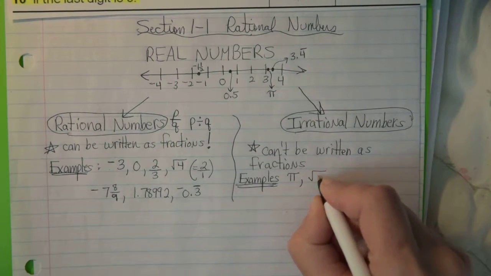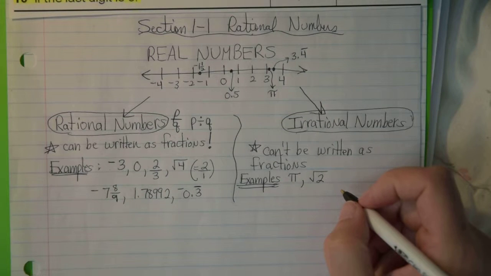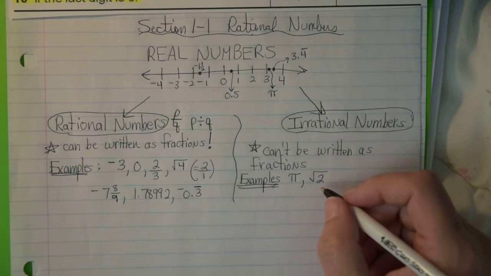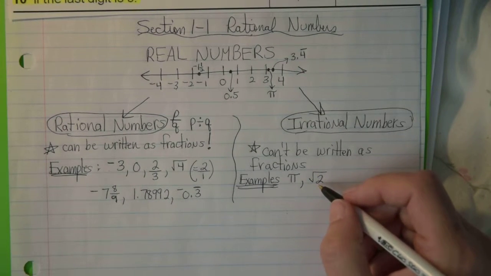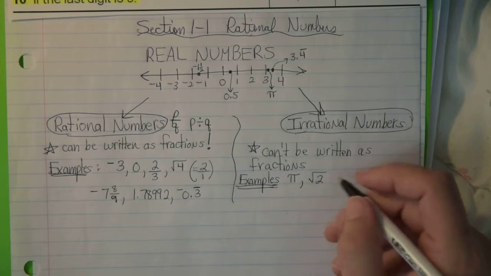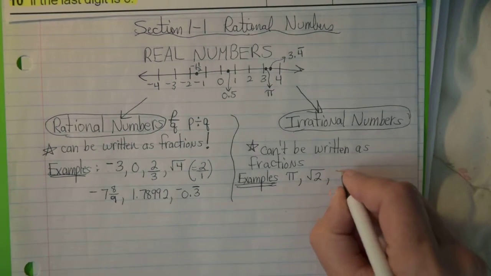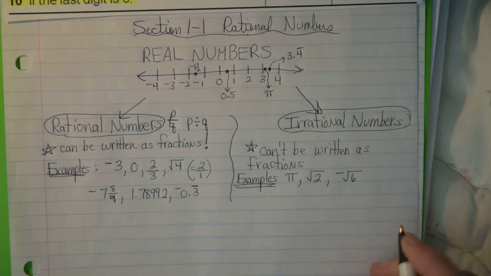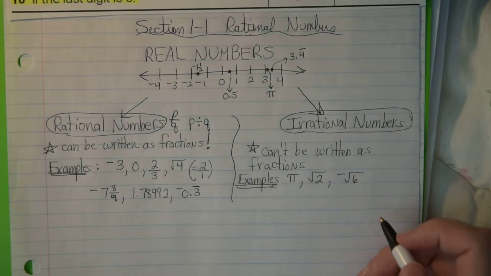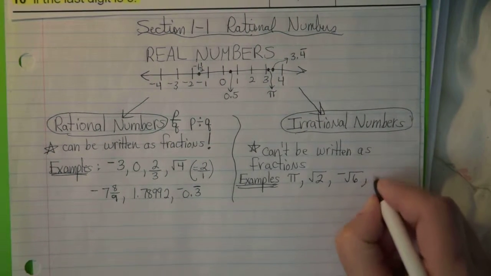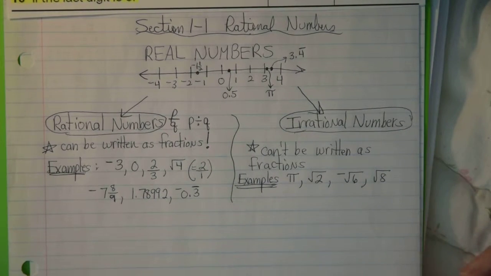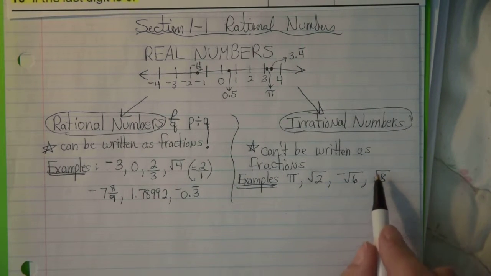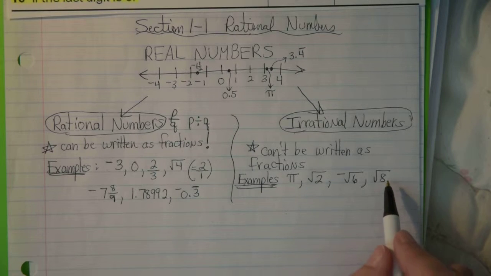The square root of 2, well, there is no even square root of 2. This is actually a decimal that goes on forever and never repeats. -√6. Same thing, goes on forever, never repeats. Square root of 8. Any square root that doesn't have a nice even root is going to be irrational.